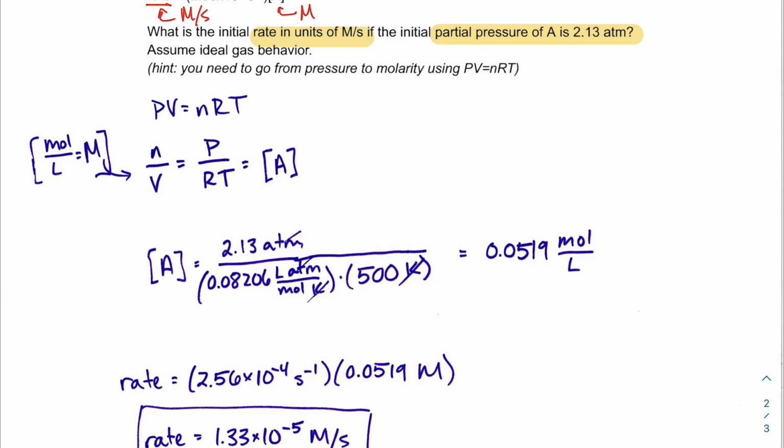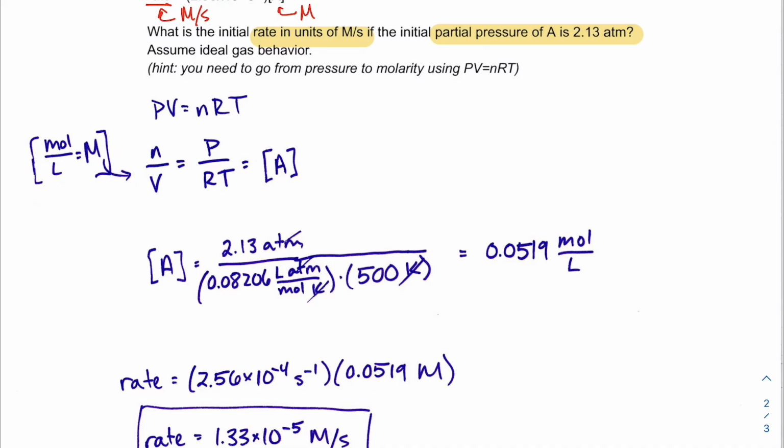So what we need to do here is turn atmospheres into molarity. To do this, we're going to use the ideal gas law, and we're going to rearrange for n over V, which is moles over volume, moles over liters, which is equal to molarity.